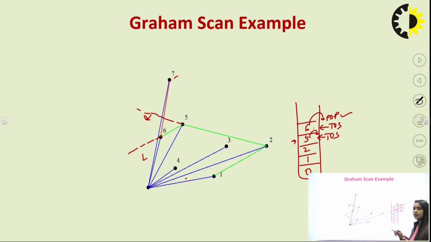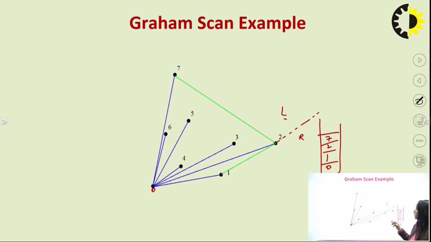If my point lies into the left side, I do not need to pop, I just need to push the point into the stack, and the remaining points in the stack at the end are the points which make a good polygon in the plane.